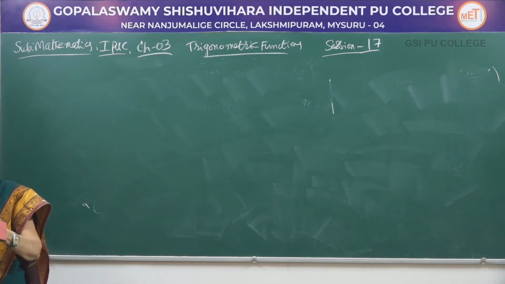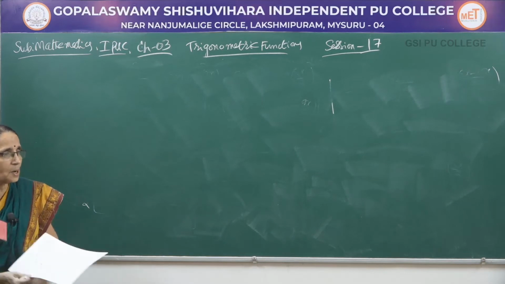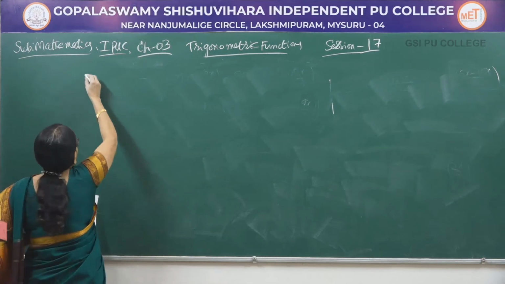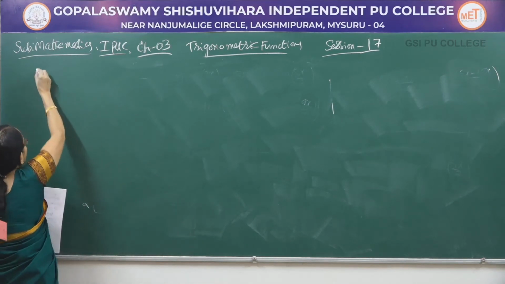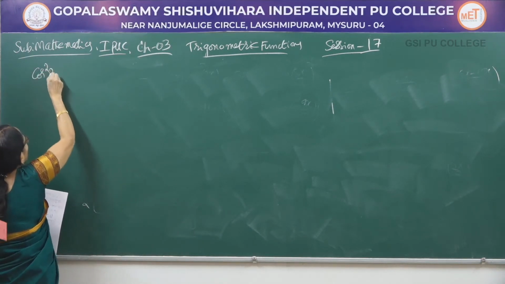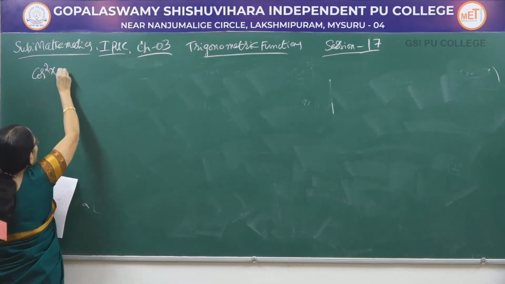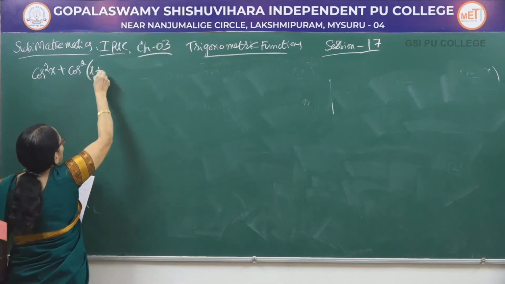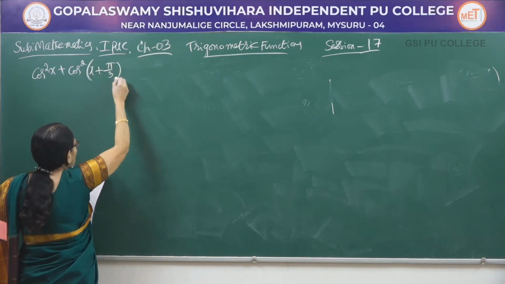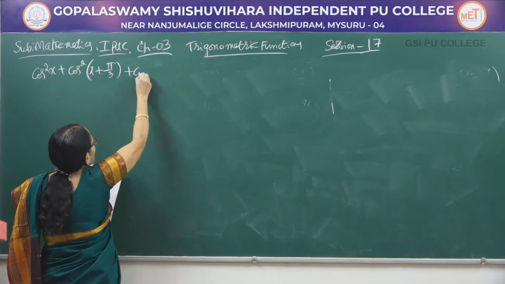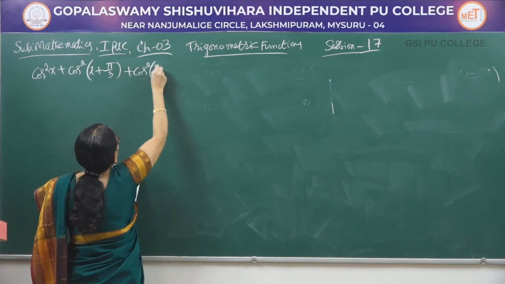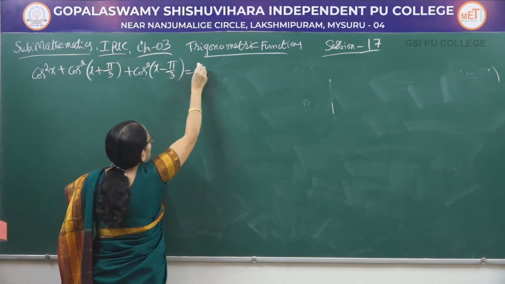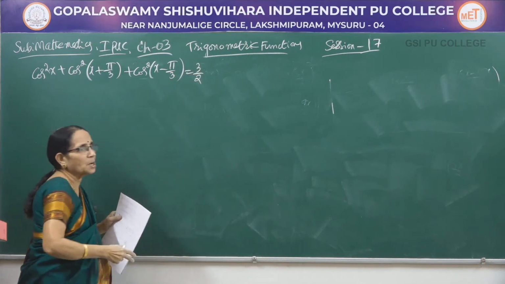Next problem is again different from the earlier problems. Here again, it is containing the square terms, that is, prove that cos square x plus cos square of (x plus pi by 3) plus cos square of (x minus pi by 3), you should show that it is equal to 3 by 2.